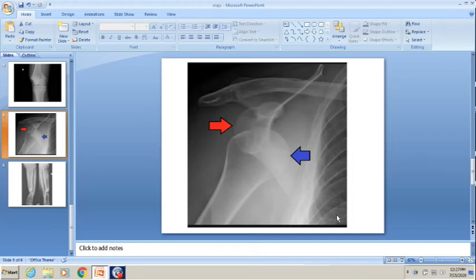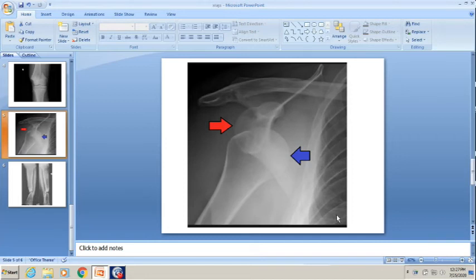Kocher's maneuver. What else? Stimson's gravity method. What else? Traction countertraction method. Hippocrates method, technique.